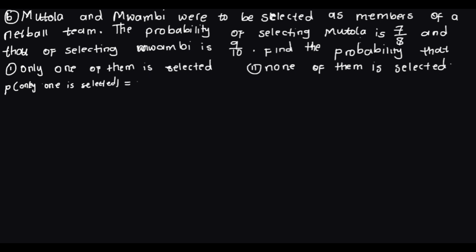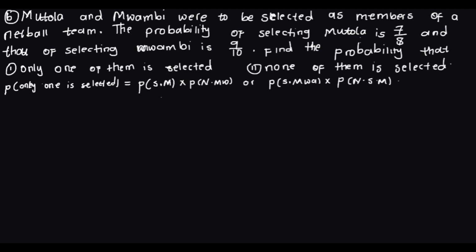So this can be found by multiplying the probability of selecting Mutola times the probability of not selecting Mwambi, or the probability of selecting Mwambi times the probability of not selecting Mutola.